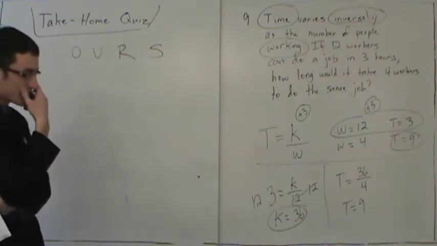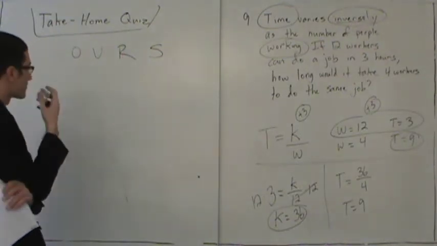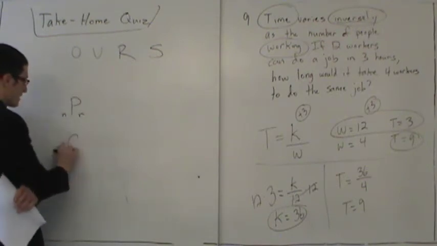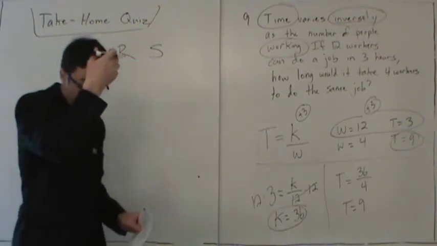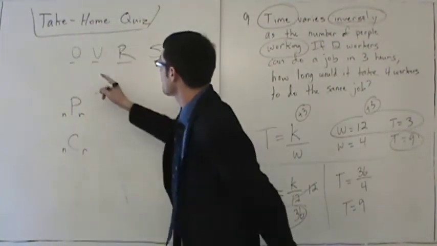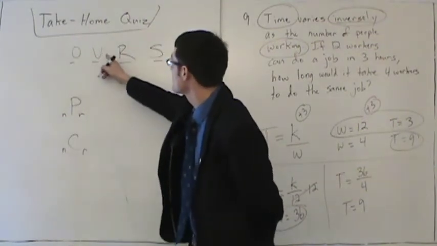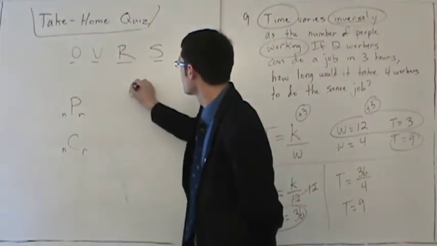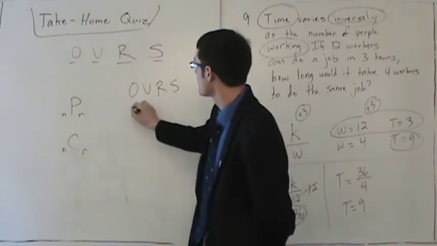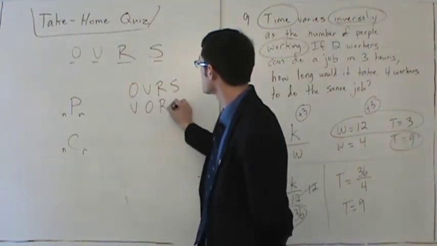So we're thinking, is this permutation or combination? Let's ask, is there assignment of position? Let's look at these 4. If we visit Old Dominion first, then Virginia, then Richmond, then State, is that different than visiting Virginia, then Old Dominion, then Richmond, then State?